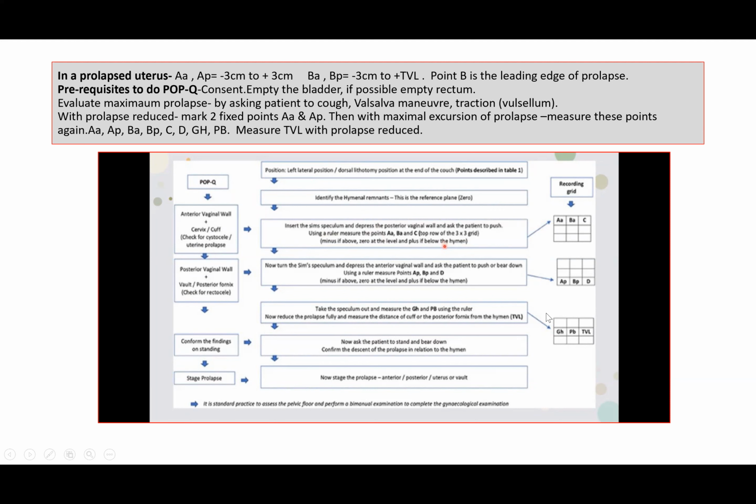After that, we are going to measure the points GH, genital hiatus, and perineal body. Then we are going to reduce the prolapse, and then we will measure the total vaginal length. Okay. After that, ask the patient to stand and bear down, confirm the descent of the prolapse in relation to the hymen, and then we can stage the prolapse.